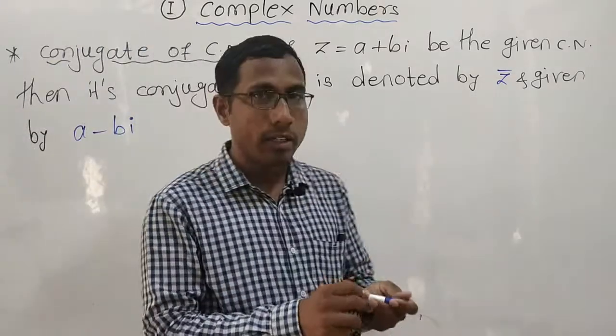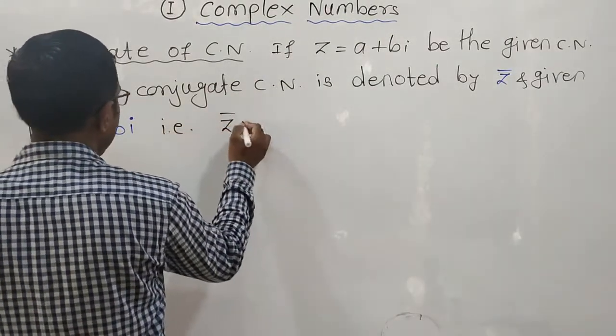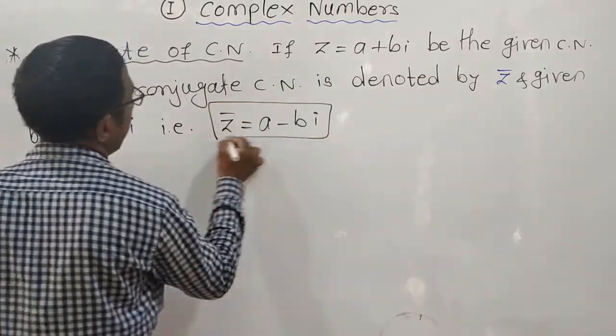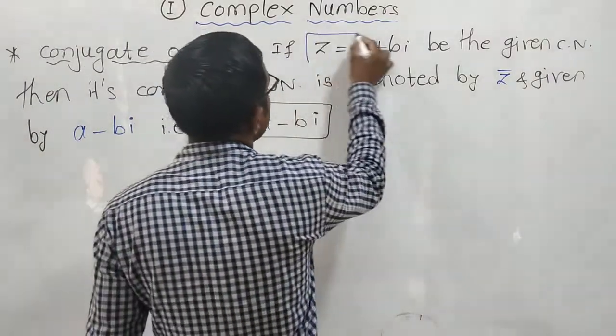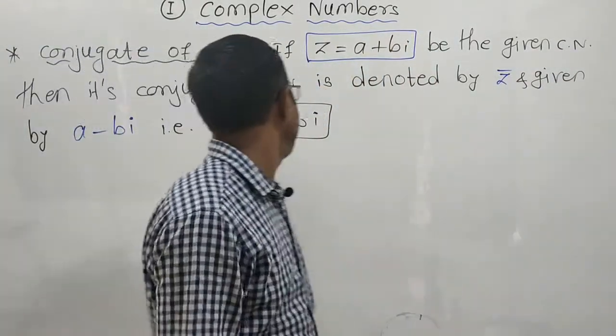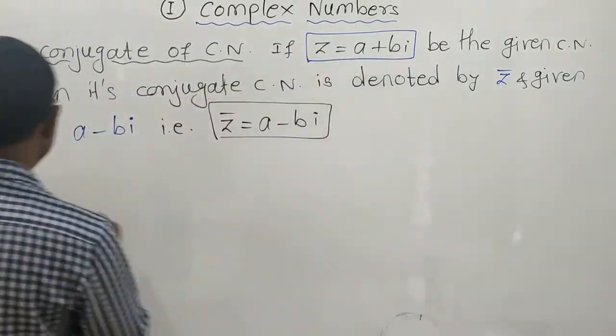That is, z bar is equal to a minus bi. So if z is equal to a plus bi, then its conjugate complex number is a minus bi. Got it?